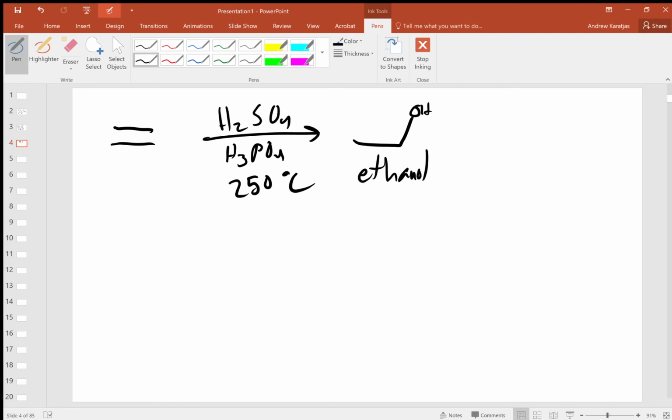And ethanol, I'm sure we all know, is the kind of alcohol that you find in drinks. But ethanol also is very important as a solvent in chemistry labs. And so this reaction is used in industry to make hundreds of thousands, if not millions of gallons of ethanol every year.